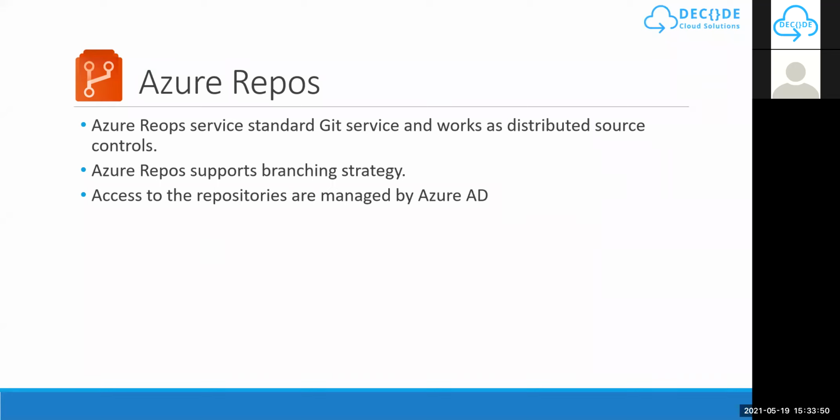Then you have this component called Azure Repos. As I mentioned previously also, this service provides you a standard Git service, works like a standard Git service, and works as distributed source control. Azure Repos is going to support branching strategy as well, and access to the repositories is managed by Azure Active Directory, or Azure AD.